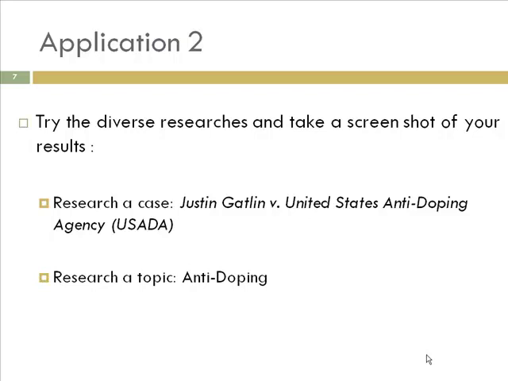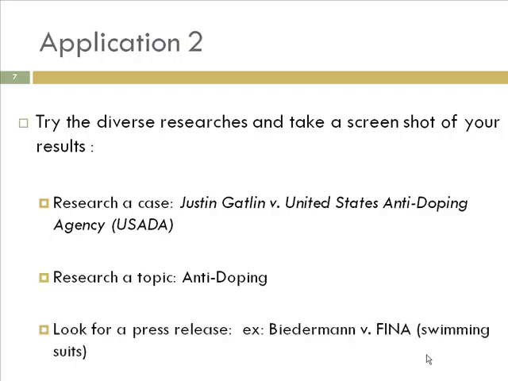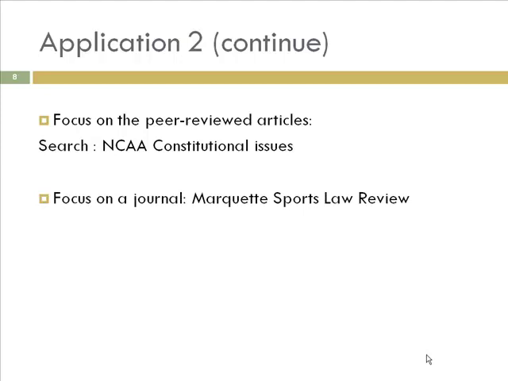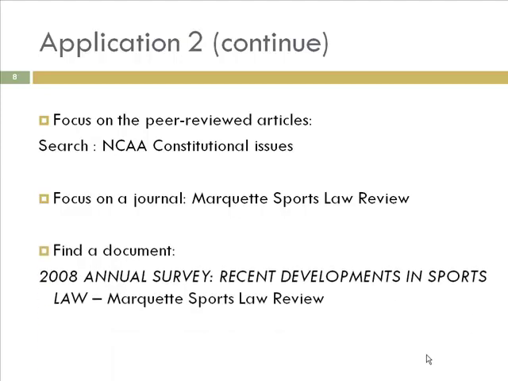Research a topic like anti-doping. Of course, you can have a broader research if you do this. Look at the press release. I ask you to look at Biederman versus FINA. Focus on peer-reviewed articles. I want you to search about the NCAA constitutional issues. I also ask you to focus on the research of a journal. So tell me how you do, or show me your results.